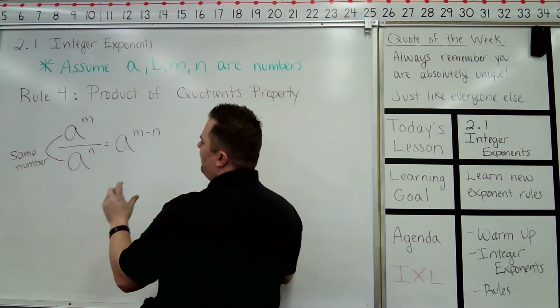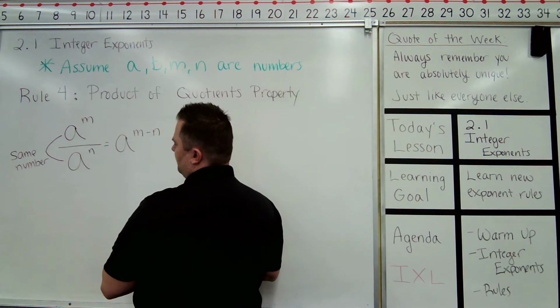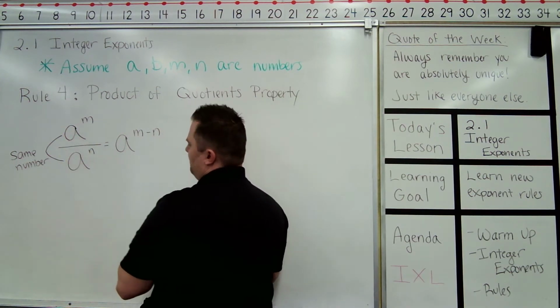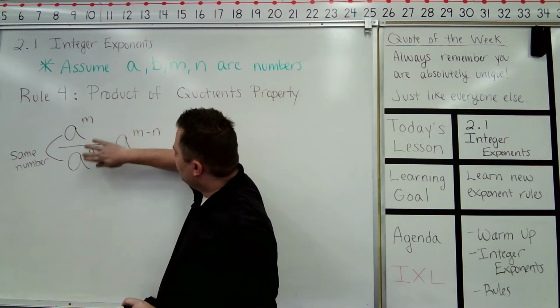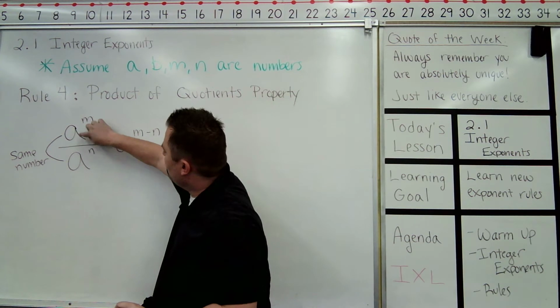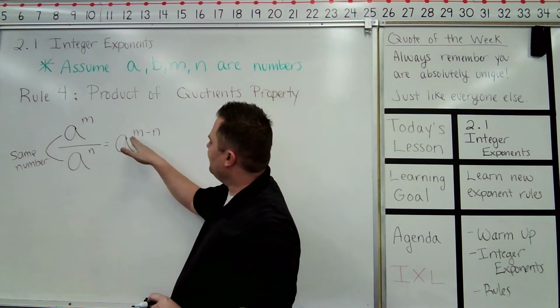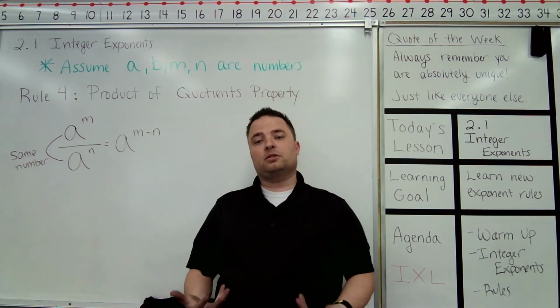The bases are the same, meaning if this was a 5, this would have to be a 5. If this was a 10, this would have to be a 10. So if you have the bases that are the same, and it's a division problem where you have a number to an exponent, the same number to a different exponent, you can rewrite it as a to the m minus n.